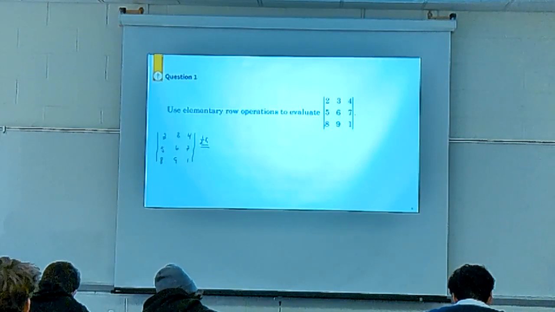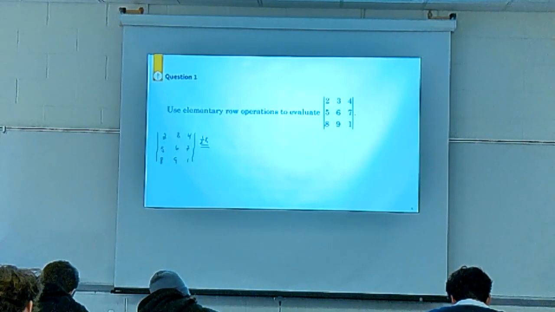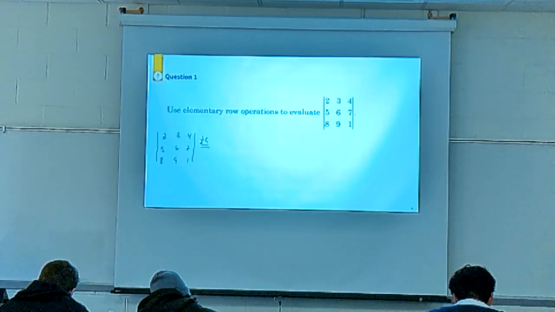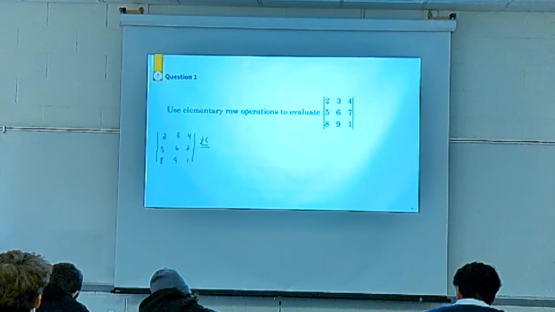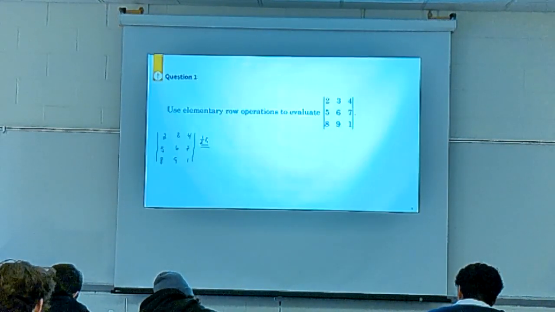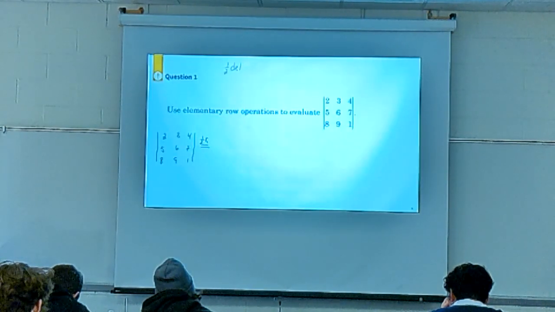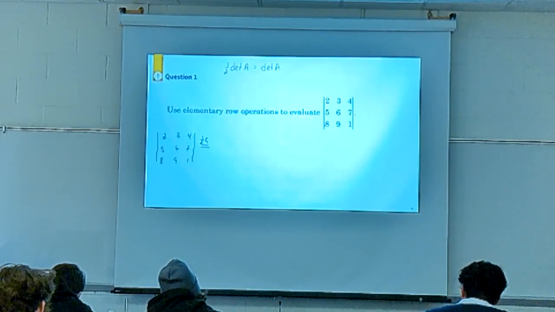So I'm multiplying a row by a constant, which means this new determinant is the constant times the old determinant. Specifically 1/2 in this case. Let's call it a sub 1.